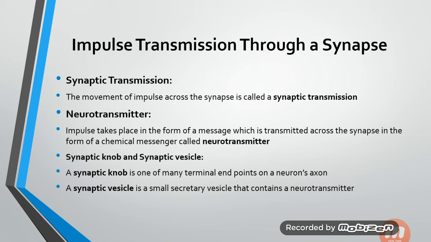Impulses take place in the formation of a message which is transmitted across the synapse in the form of a chemical messenger, and that chemical messenger is called a neurotransmitter. Neurotransmitters are the chemicals which are released from the synaptic vesicles, and they will pass across the cell membrane of the next neuron.